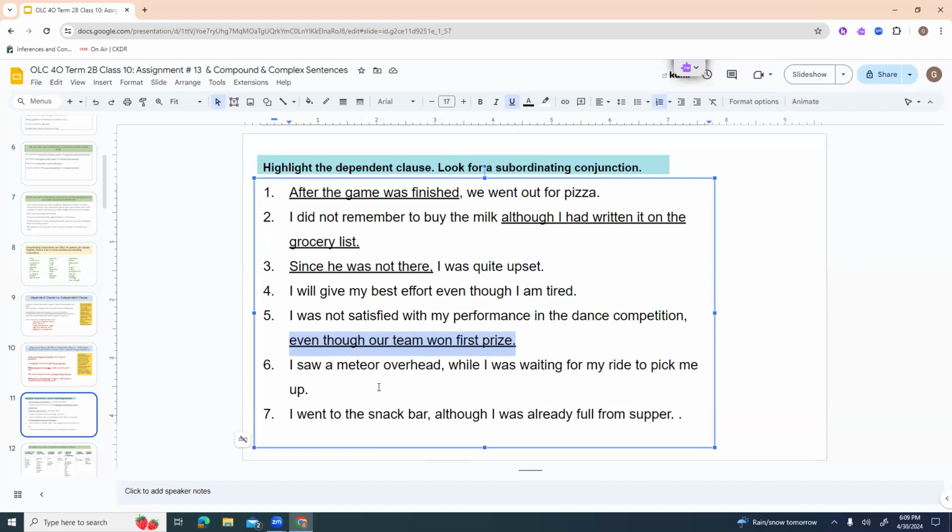I saw a meteor overhead, while I was waiting for my ride to pick me up. This is one where you wouldn't necessarily need the comma. While is your subordinating conjunction, which means it's the beginning of your subordinate clause. I went to the snack bar, although I was already full from supper.